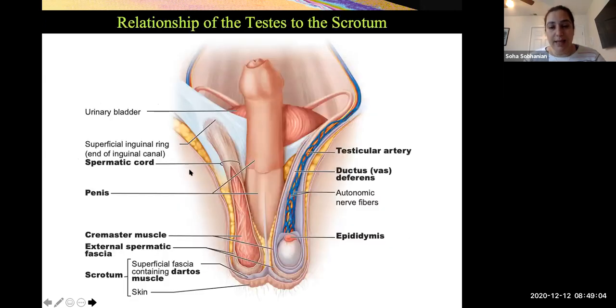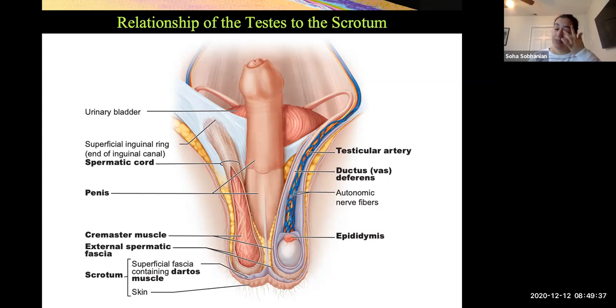Now, if you take a look at the picture, I showed you this one because I like how it layers the multiple layers found around the testes. You have the outermost layer, which is basically the scrotum, and you can see that the scrotum also has fascia as part of it. But the more important thing is the twisting and tangled muscles you see around the testes. These are referred to as the cremaster muscles.